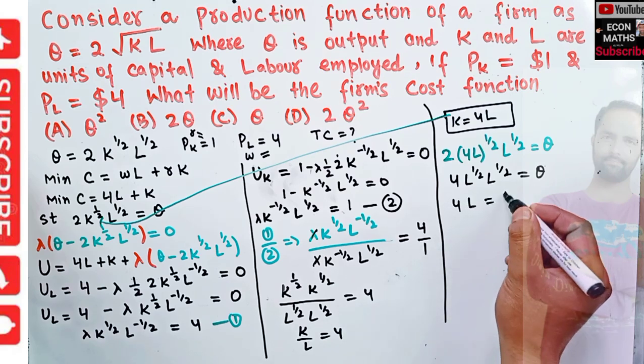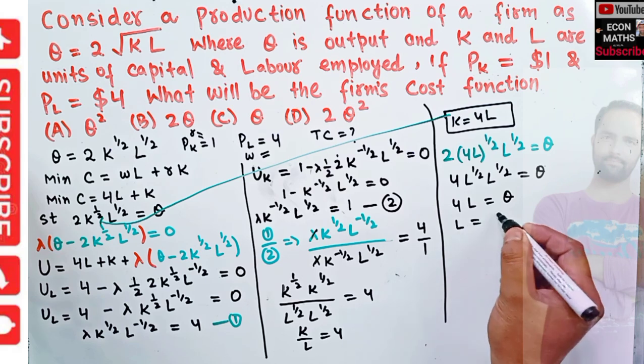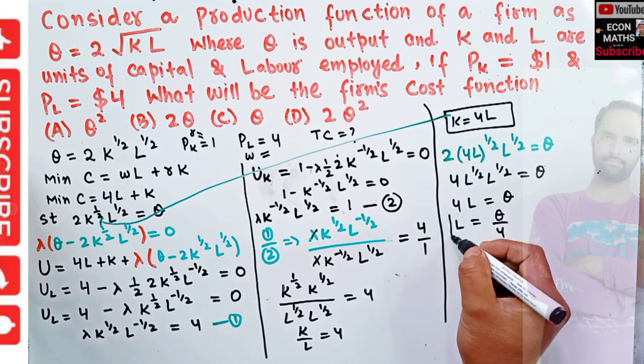It becomes 4L is equal to Q, or L is equal to Q upon 4.